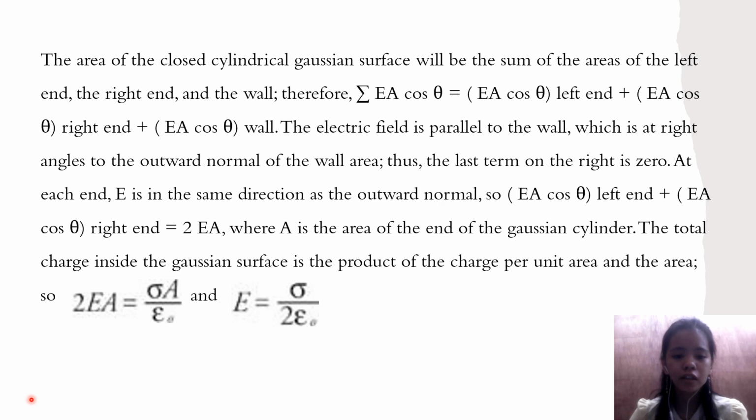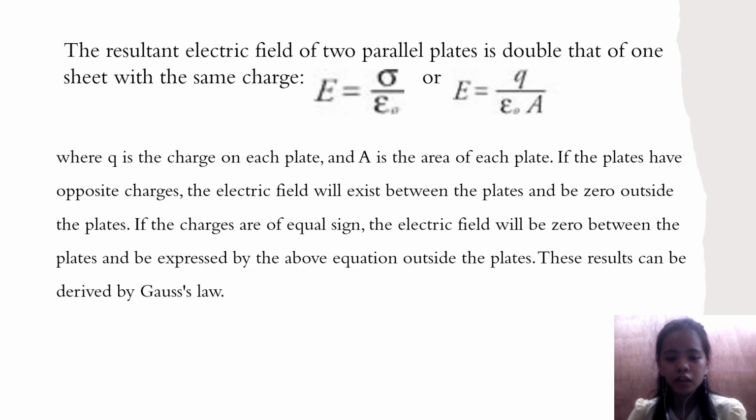The total charge inside the Gaussian surface can be found by using this equation and this equation. The resultant electric field of two parallel plates with the same charge is found using this or this, where Q is the charge of each plate and A is the area of each plate.